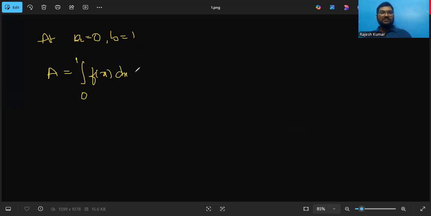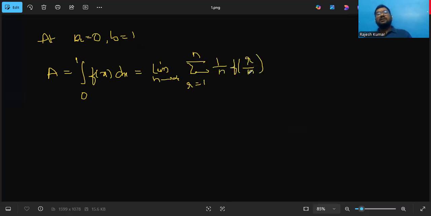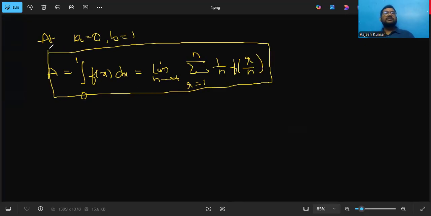The definite integral representation is equal to the limit as n tends to infinity of the sum from r equal to 1 to n of 1 by n into f of r by n. This is the original representation, or the special case, I can say.